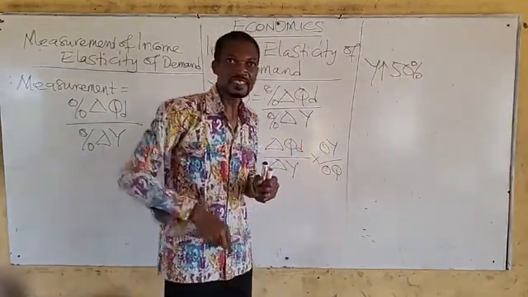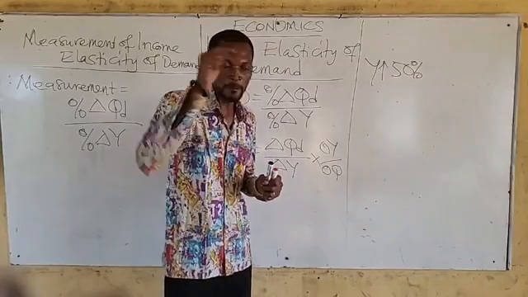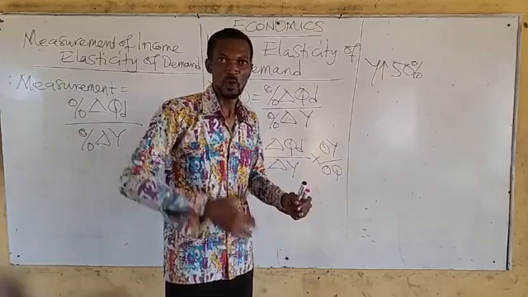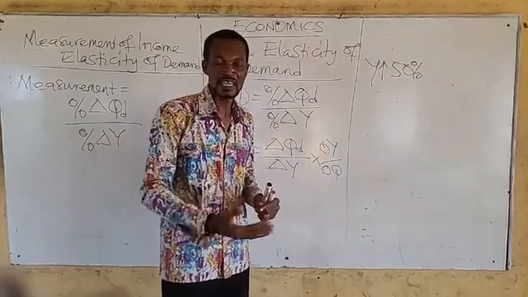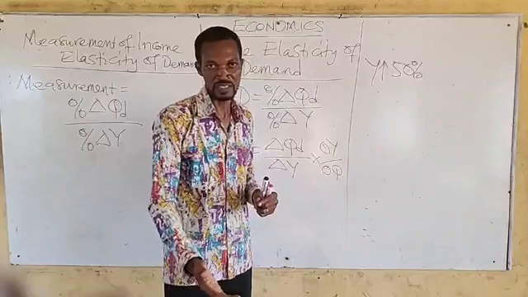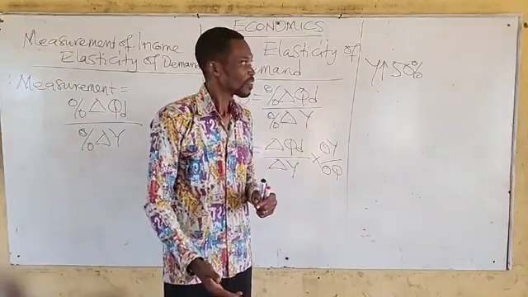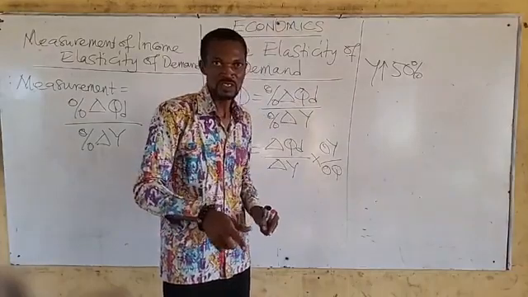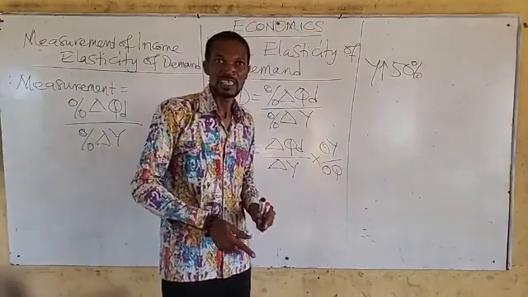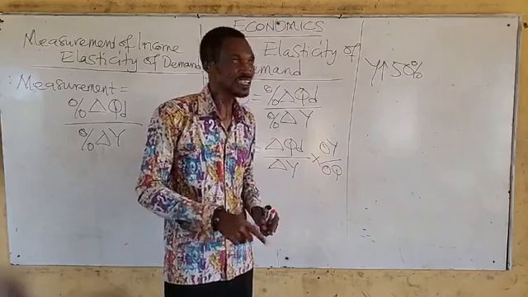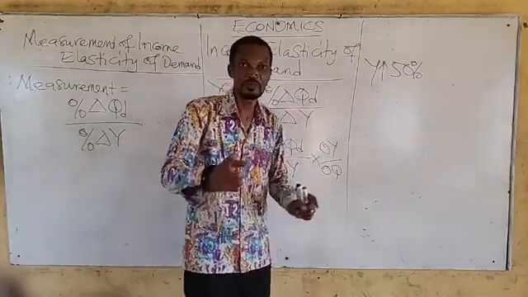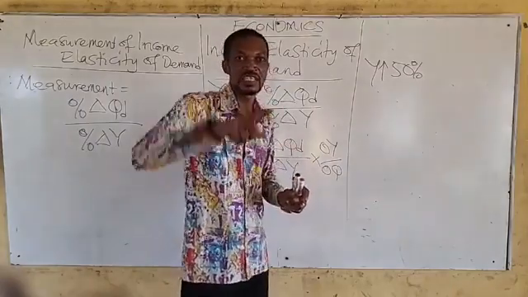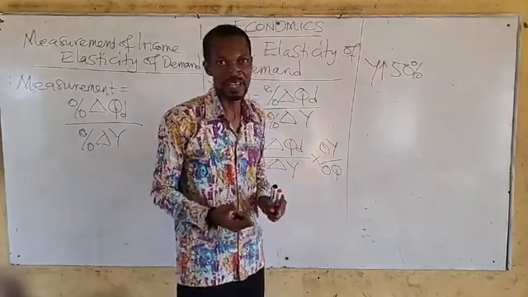Definitely, that person's demand for a particular commodity will also change, because when you earn more, you are most likely to buy more of it. The extent to which the demand will change is what is called income elasticity of demand. The income change of 50% will necessitate a certain percentage change in the commodity the person is buying.